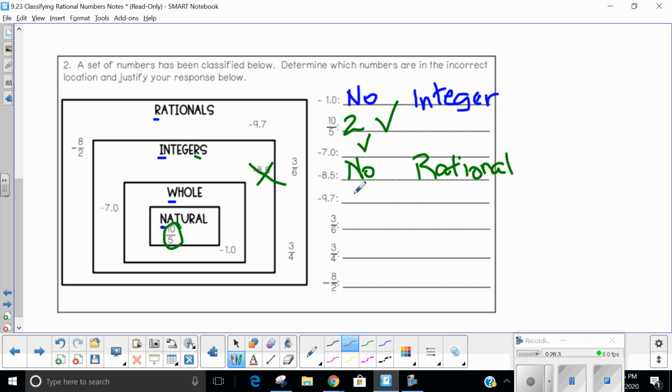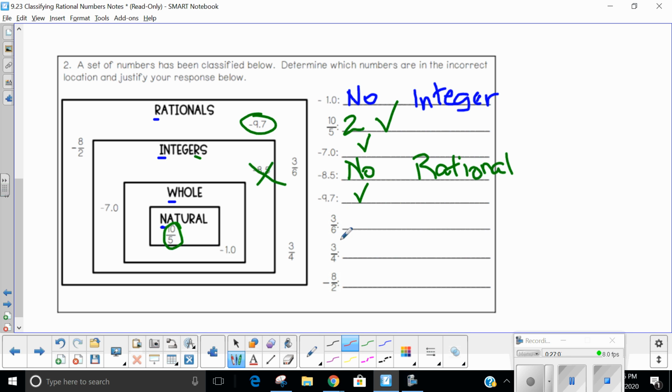Okay, how about -9/7? Again, we have a decimal and it's negative. So any decimal is going to go into rational. So -9/7 is right here. So this is in the correct spot. Okay, now let's look at 3/6.